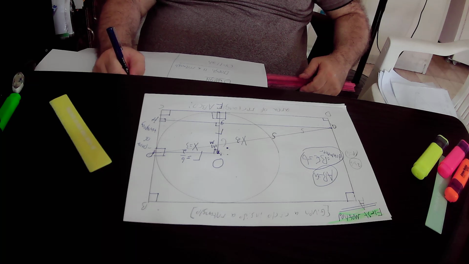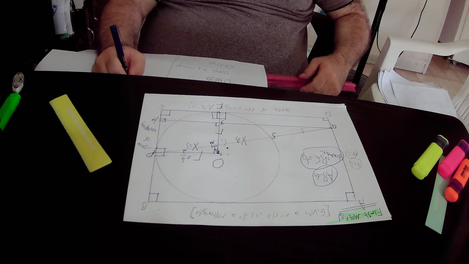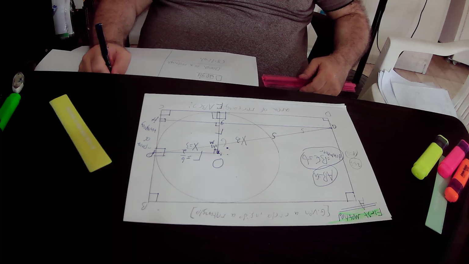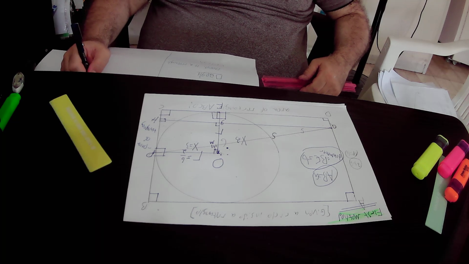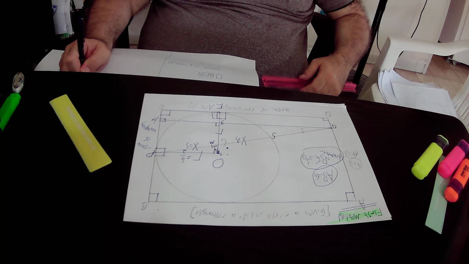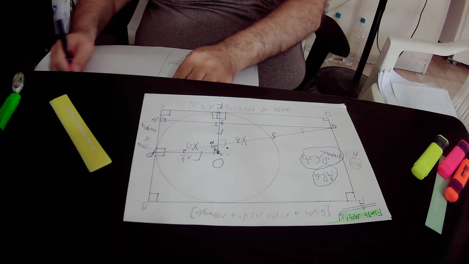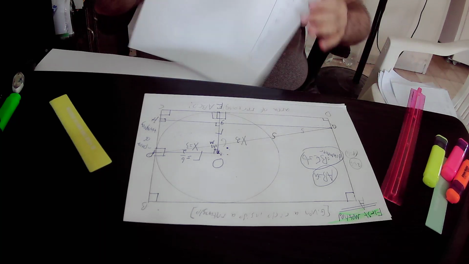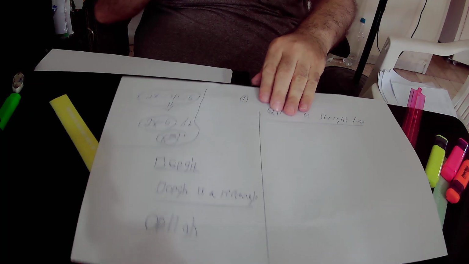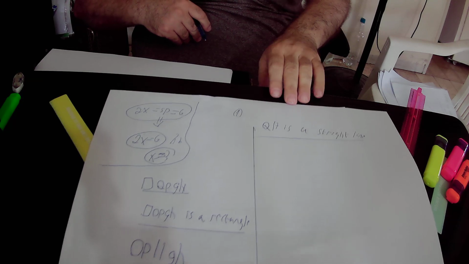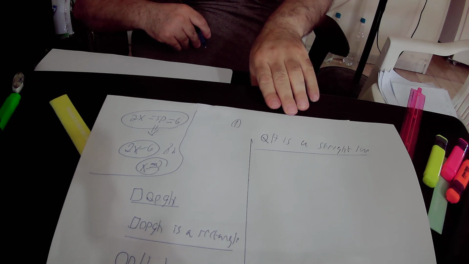It's a perpendicular. QH is absolutely a straight line.